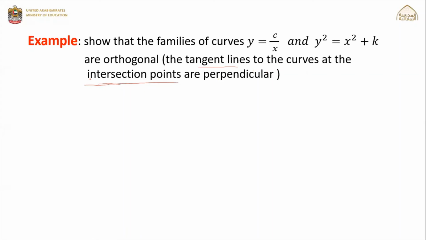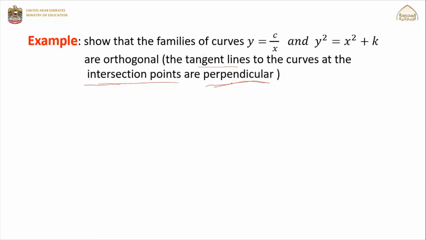Intersection points mean that the two curves are equal. They have the same value. They intersect each other at the same point. So if the tangents at the intersection points are perpendicular, that means these families of curves are orthogonal.